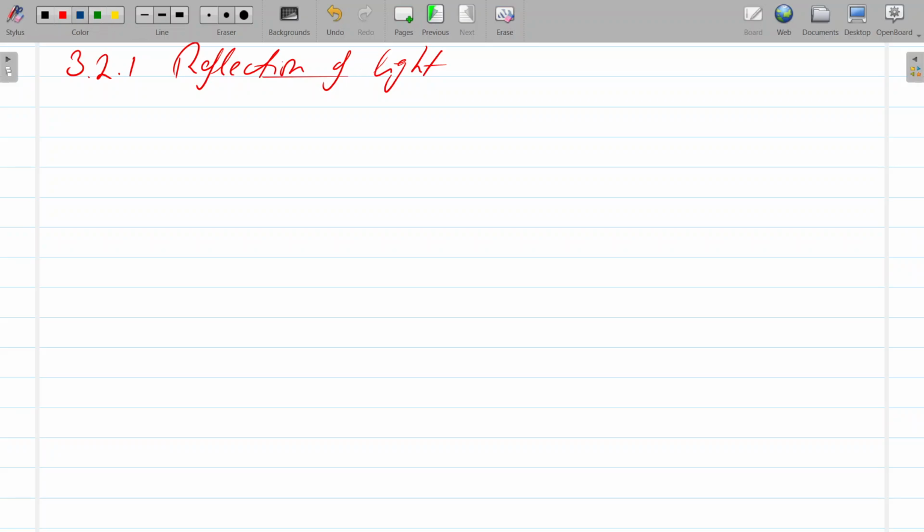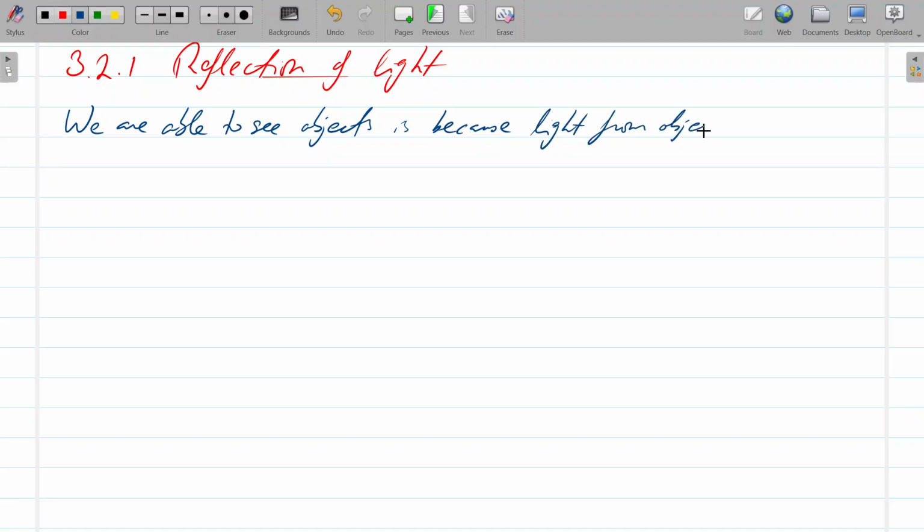And so, first of all, they start off by talking about sources of light, and they say that the reason we are able to see objects is because light from those objects enters our eyes.